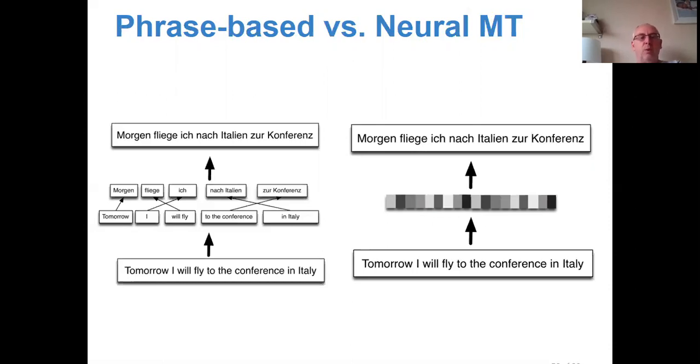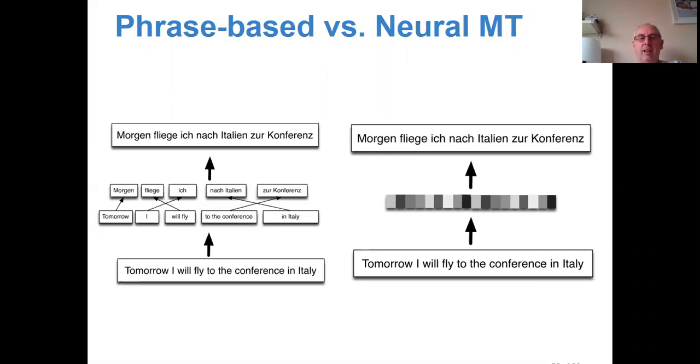In SMT, you'll be well used by now to the fact that we take an input sentence and we split it up into words and phrases. And we only ever translate words and phrases individually into target language words and phrases. And then we try to combine those with the target language model to produce what we hope will be a good output sentence.